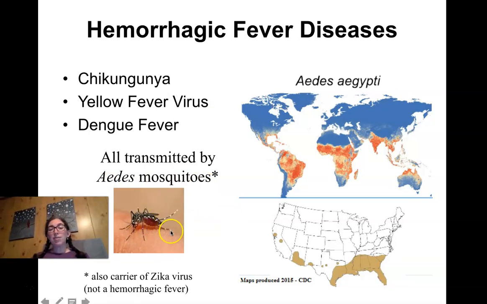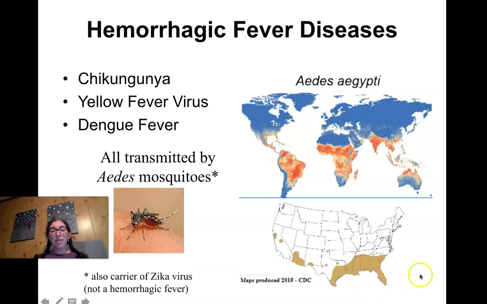This mosquito also, by the way, fun fact for you, is the carrier of the Zika virus, which is not really covered so much in any of my lectures, but is teratogenic. It can cause birth defects. It's not a hemorrhagic fever, it just shares that same vector.